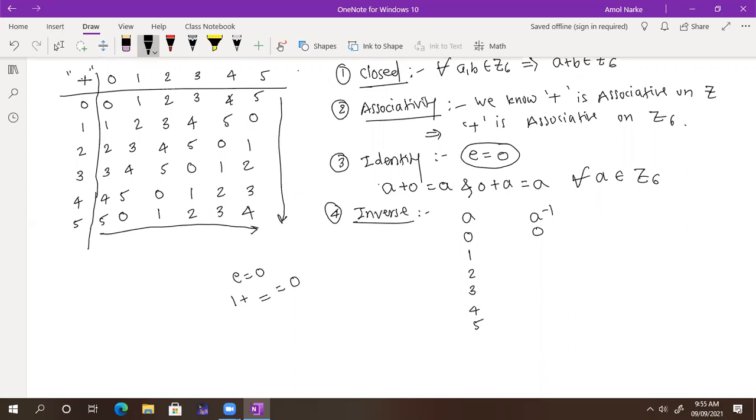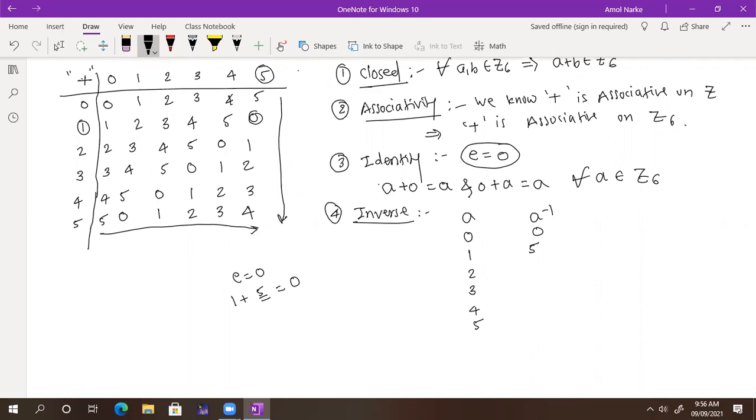Yes, it is 5, because 1 plus 5 is 6, and 6 is the identity. So when we have 1 here, we need to check where I am getting 0. Here I am getting 0. So 5 is the inverse of 1, or 1 is the inverse of 5.